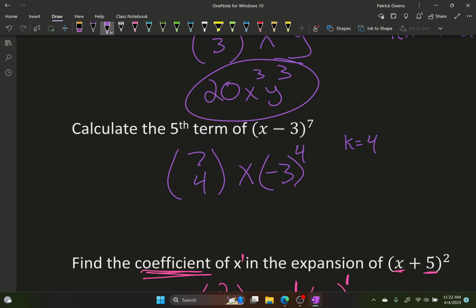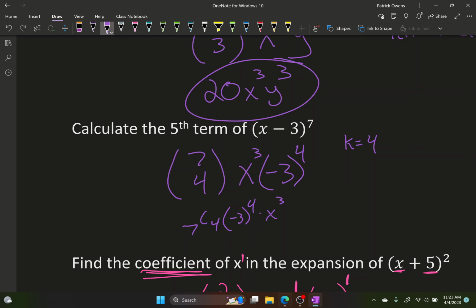Although, again, if you end up typing in your calculator 7c3, that's going to give you the same thing as 7c4, because 4 plus 3 is 7, as we've talked about before. So calculating this fifth term, what we end up putting in the calculator is going to be 7c4 times negative 3 to the fourth. Watch your parentheses.